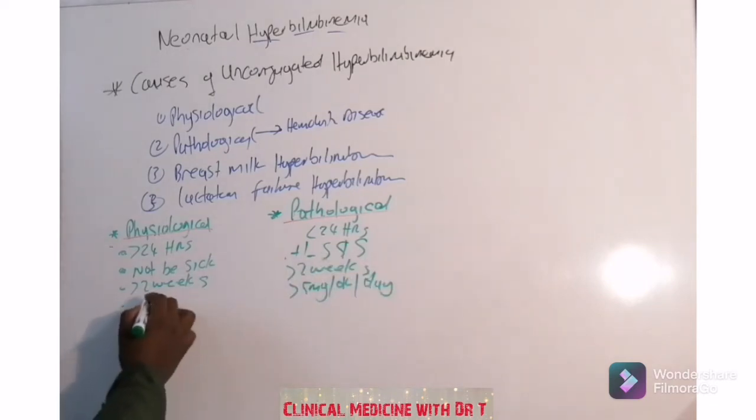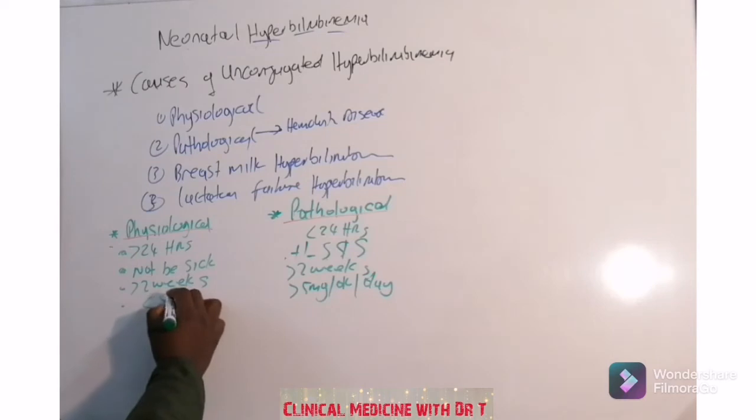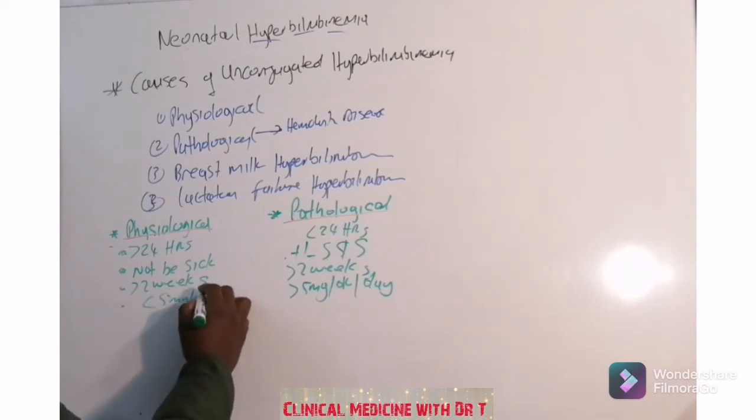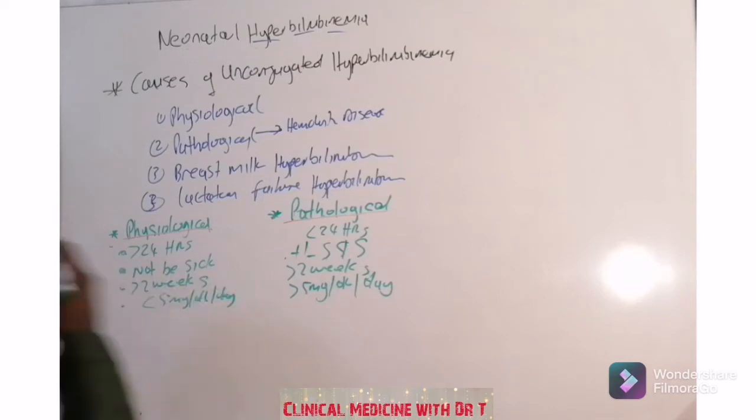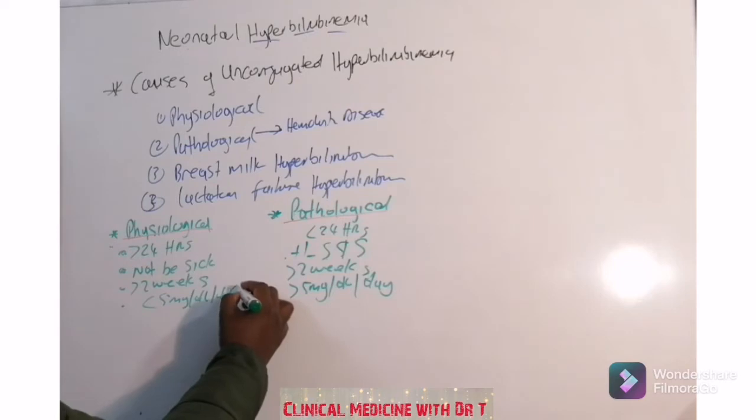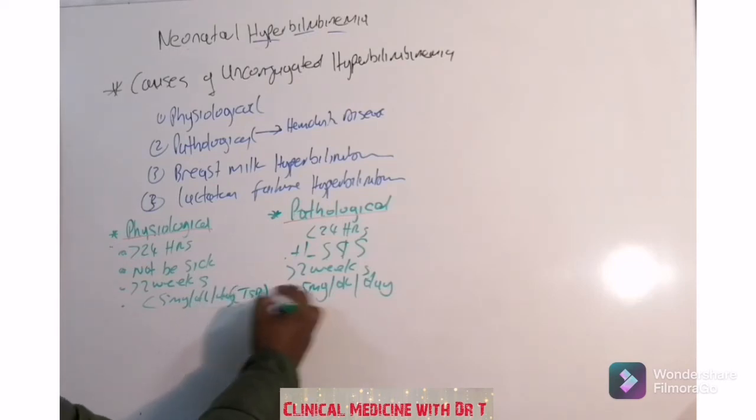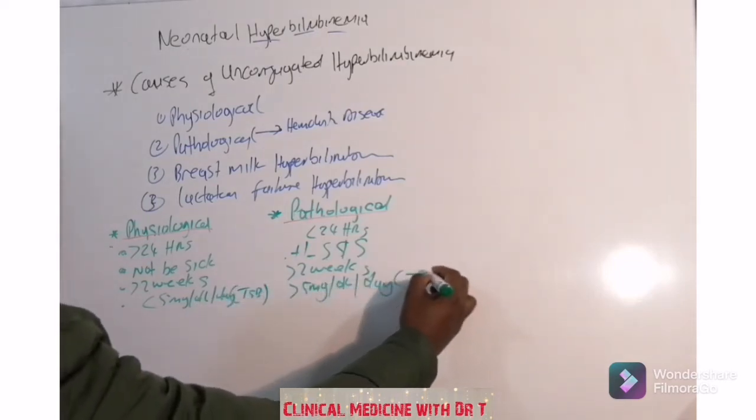These ones is less than that. When you do your blood, make sure that you put the sex or the gender and the exact age, because that's where you get reference values. So important, guys. This is your TSB, your total serum bilirubin.